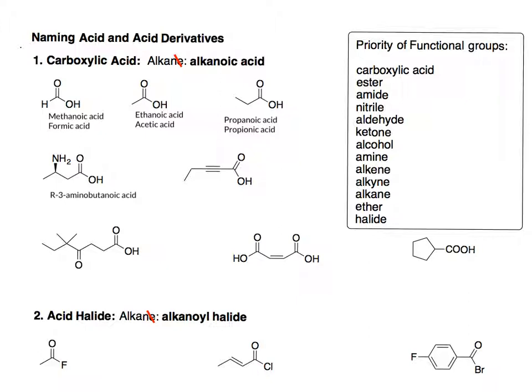The butanoic acid is also often commonly referred to as butyric acid, and butyric means butter. And the following compound contains 1, 2, 3, 4, 5 carbons.